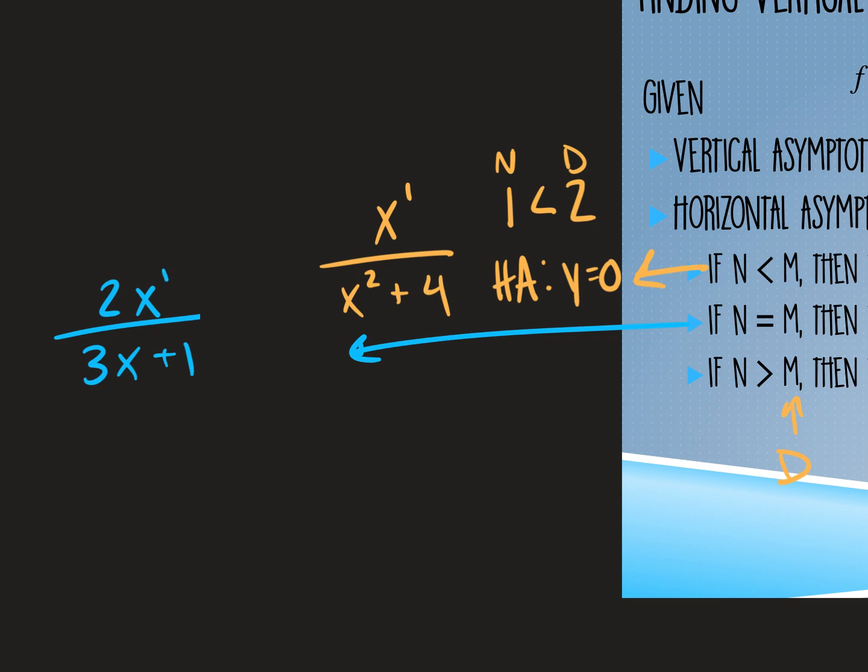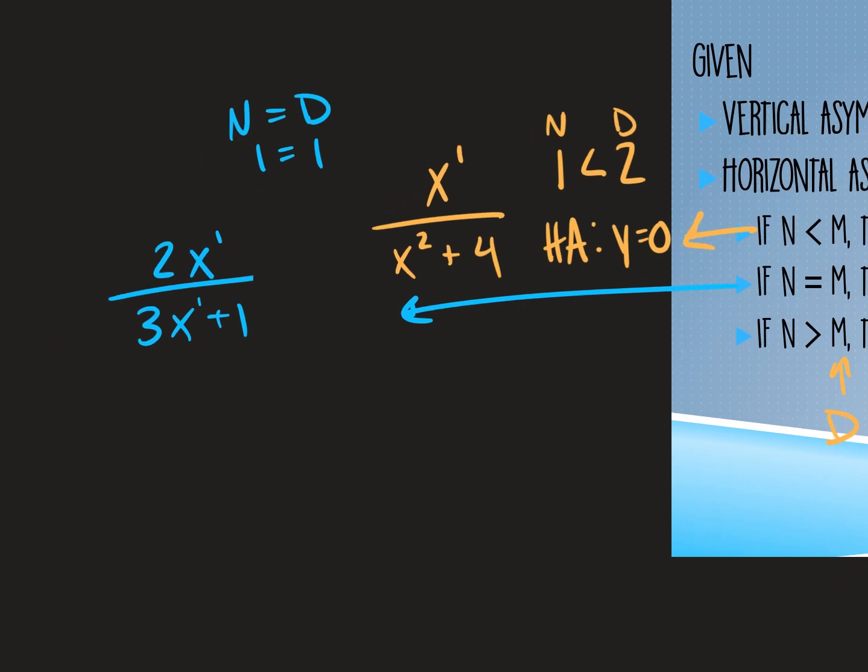What's the degree of my denominator? 1. So the numerator is equal to the denominator. So here we look at the leading coefficients. So our horizontal asymptote would be y equals the leading coefficient of the numerator over the leading coefficient of the denominator. So it would be 2 over 3.